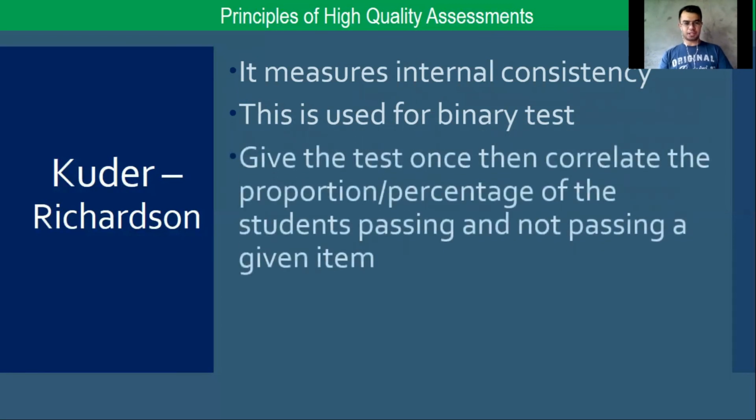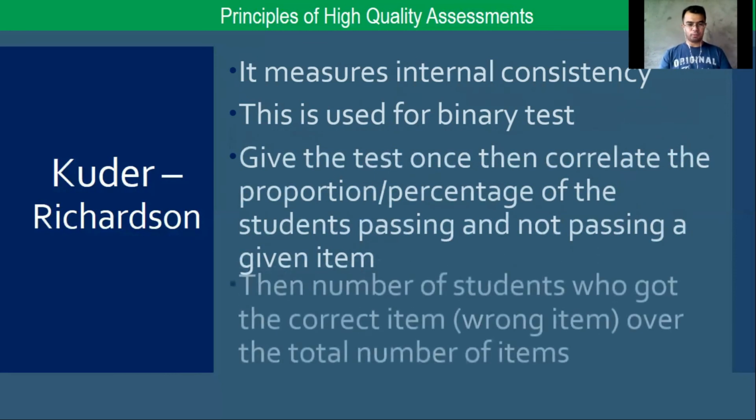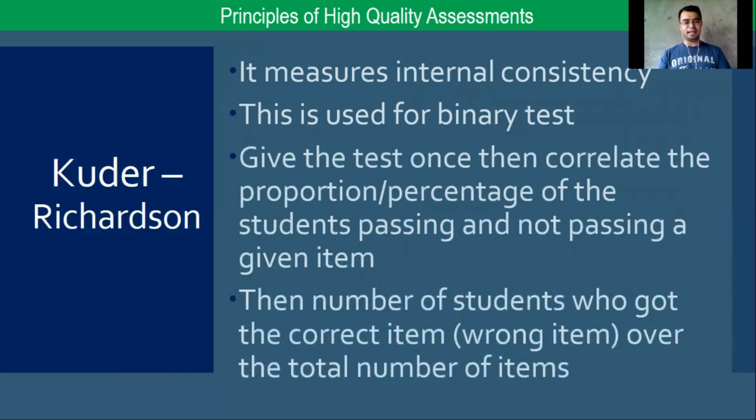Here in Kuder-Richardson, you give the test once, then correlate the proportion or percentage of the students passing and not passing a given item, or the number of students who get the correct item or wrong item over the total number of items.